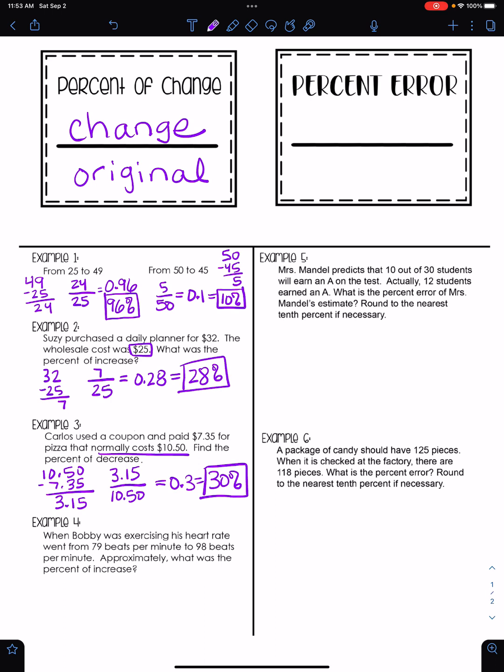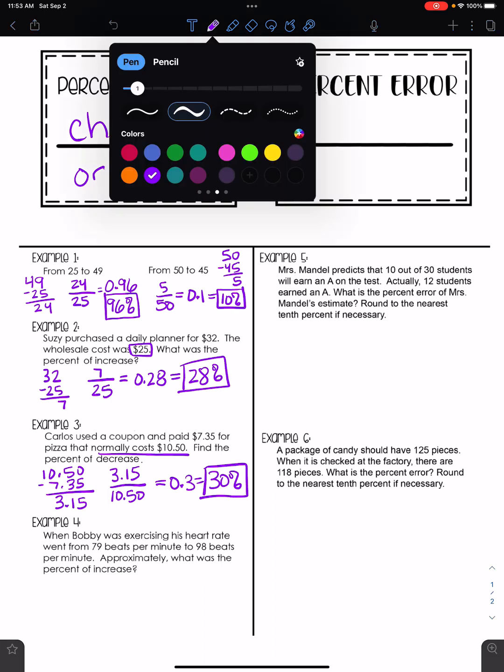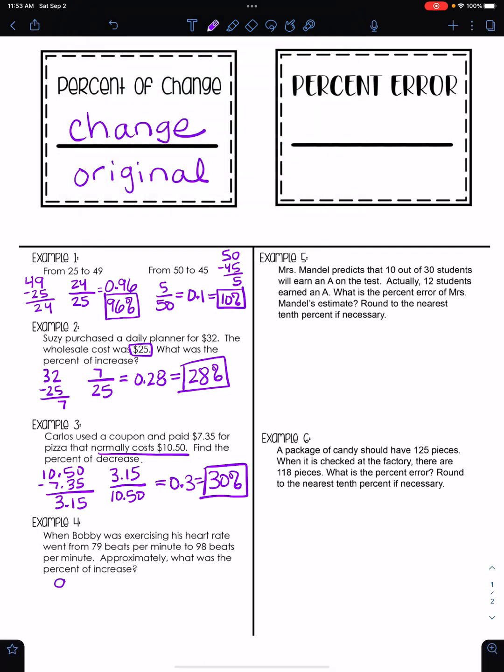So when Bobby was exercising, his heart rate went from 79 beats per minute to 98 beats per minute. What was the percent of increase? So let's first see how much his heart rate changed. 19, right? All right, so then we're going to do the change over the original.